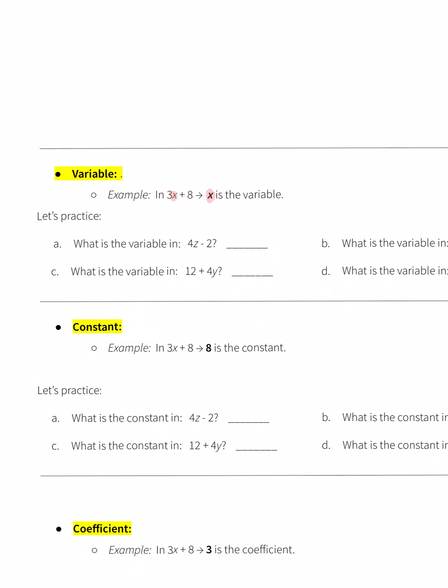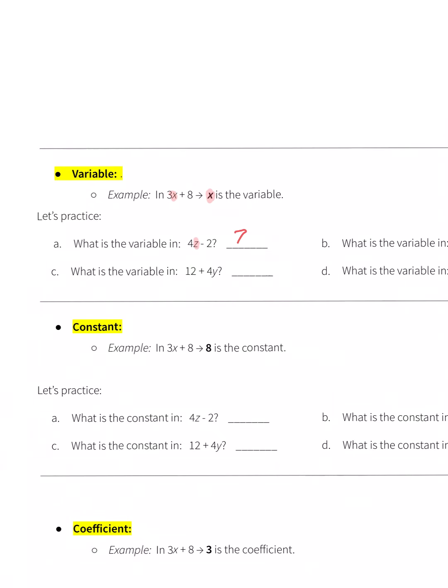So if I looked at this one, what is the variable in this expression? Well, I know a variable is a letter that represents an unknown number, so I can see right here I have 4z minus 2. Z is a letter, so that would be my variable.